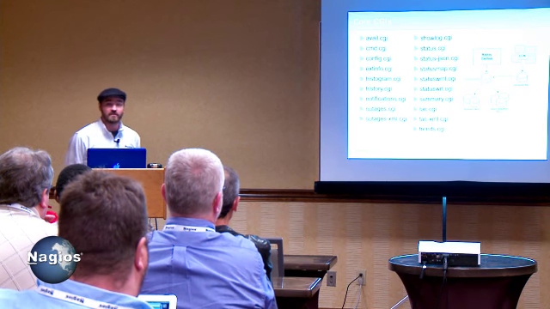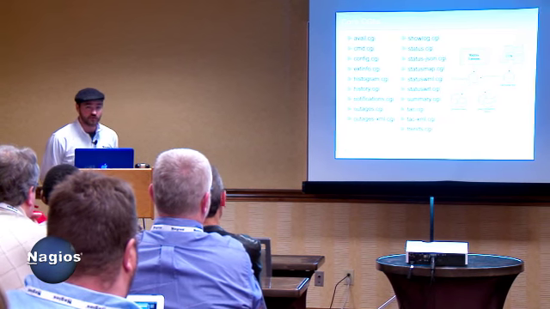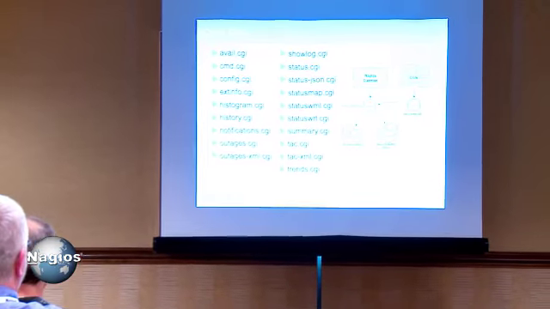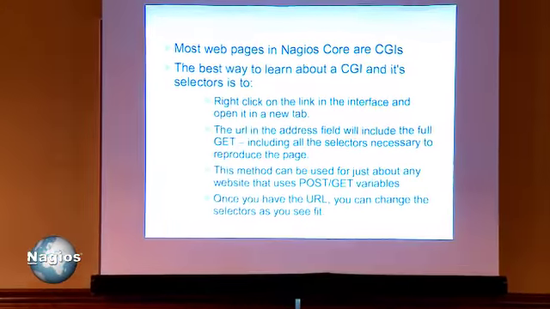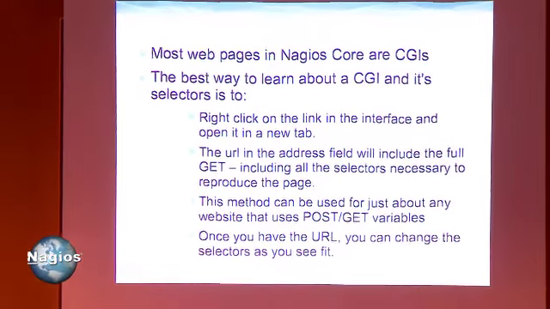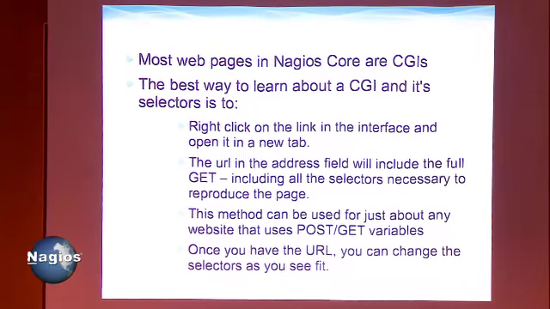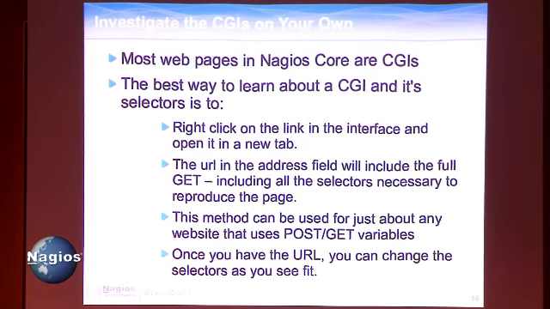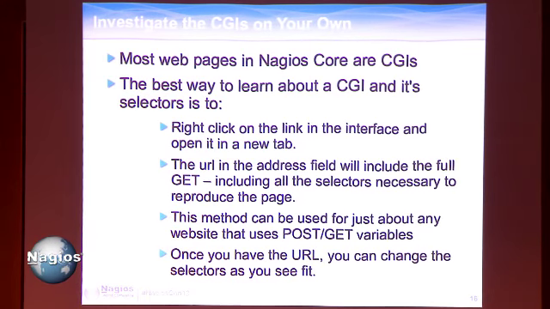This is a quick list of the core CGIs that are currently available in core, other than what Eric Stanley is going to be talking about. A couple of notes here. There are ways for you to investigate these CGIs. We're not going to have time to go through even a fairly comprehensive study of even one of the CGIs. They are too dense.